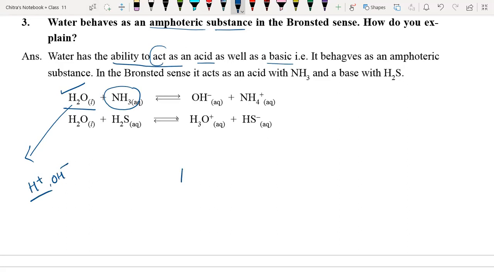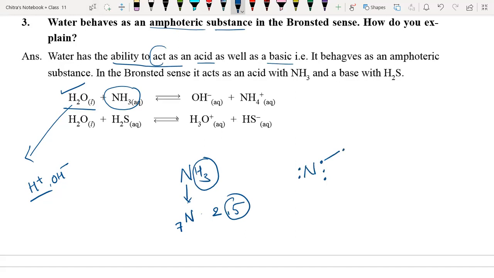Here we have ammonia, NH3. See, in ammonia, what is the atomic number of nitrogen? It is 7. So its electronic configuration is 2 and 5. I am writing the outermost electrons around the nitrogen, the electrons of the outermost shell. Here nitrogen has bonded with 3 hydrogens.